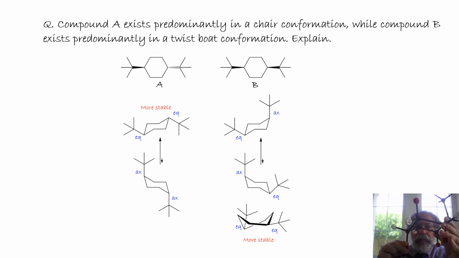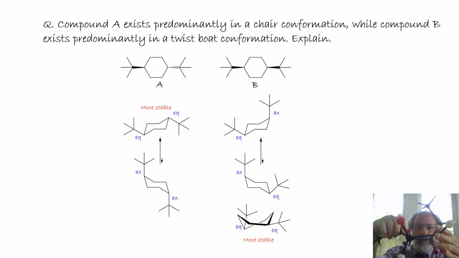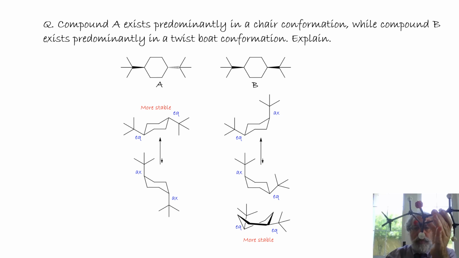So if that's chair form, down here will be axial, and this is axial. But this molecule will flip to a more stable conformer, where the two tertiary butyl groups will be in equatorial positions. Okay? So that's stable, no torsion strain.